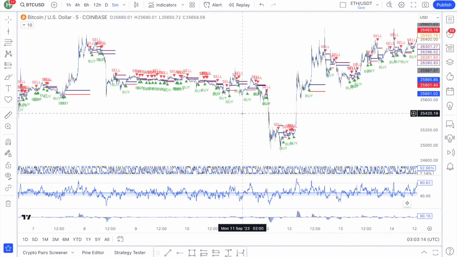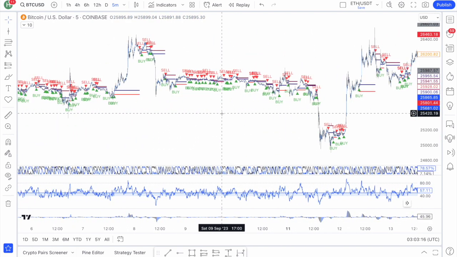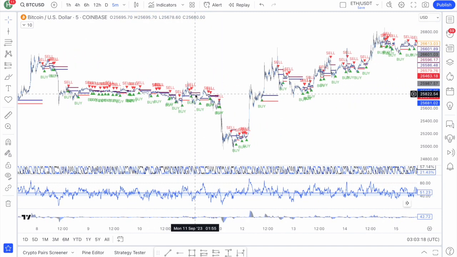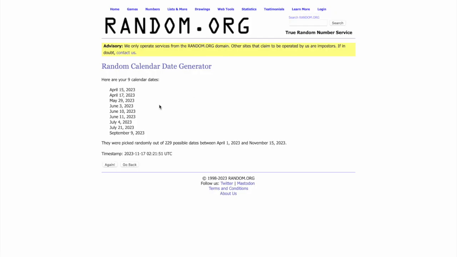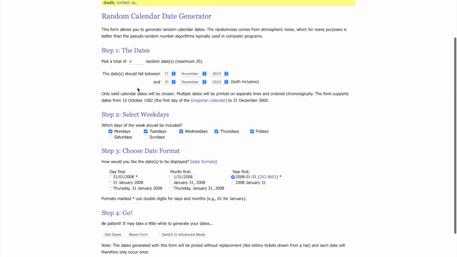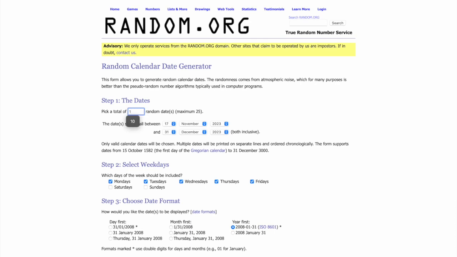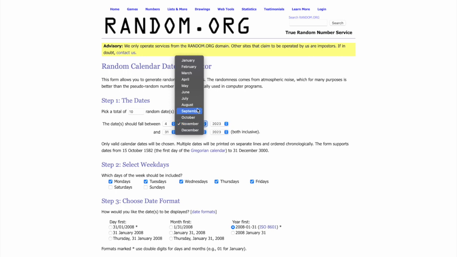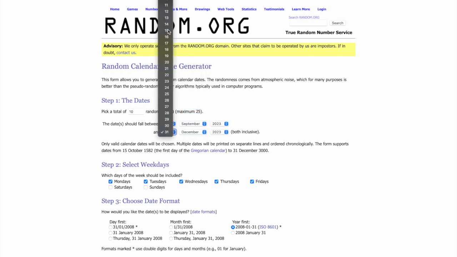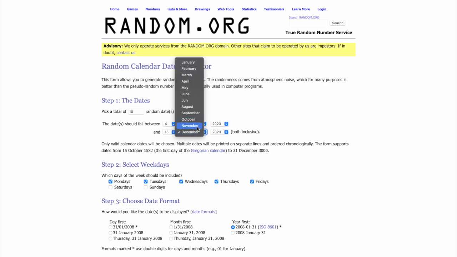So I'm going to go ahead and randomize this. We're going to start with September 4th, and we'll do 10 dates. We're going to go back and get 10 dates at September 4th, 2023, and then we're going to keep this at November 15th.